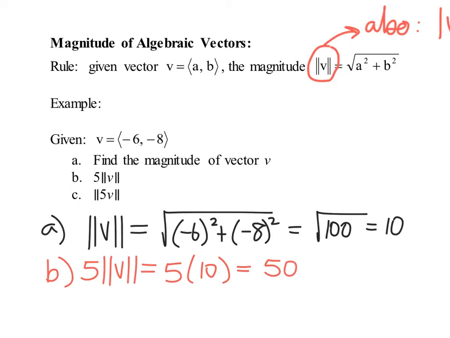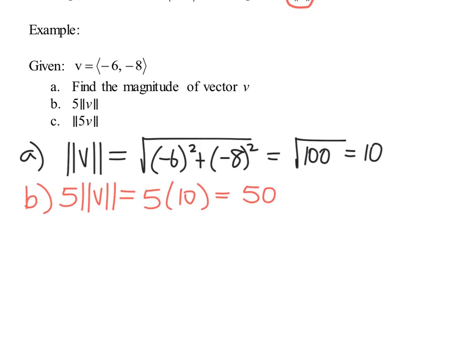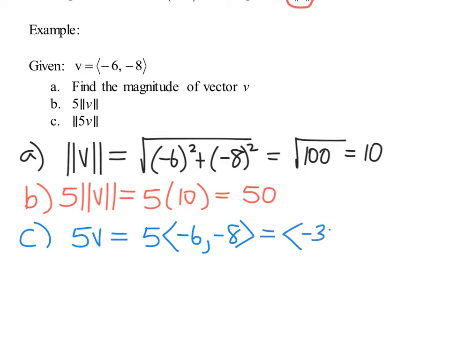It's the third one, part C, where we're actually going to discover a relationship. And it's pretty cool. We're asked to find the magnitude of 5v. So let's figure out what 5v is first. It's a scalar operation. That's the same as 5 times -6, -8, which would be -30, -40.